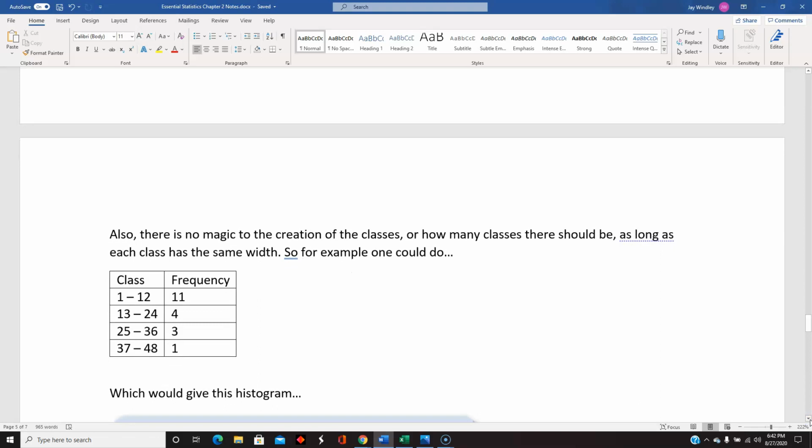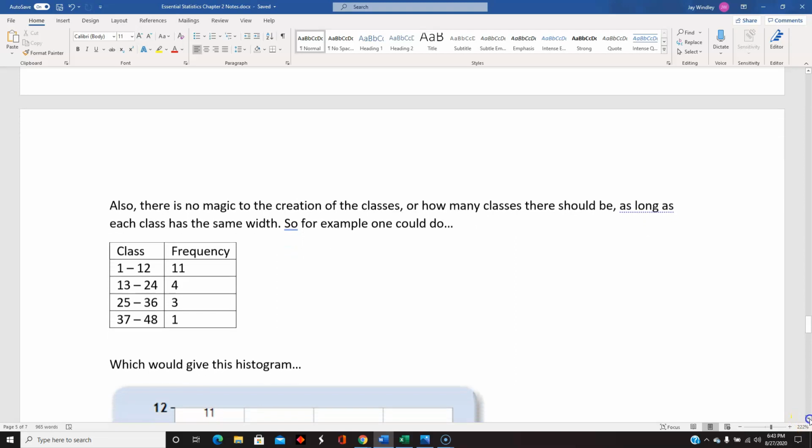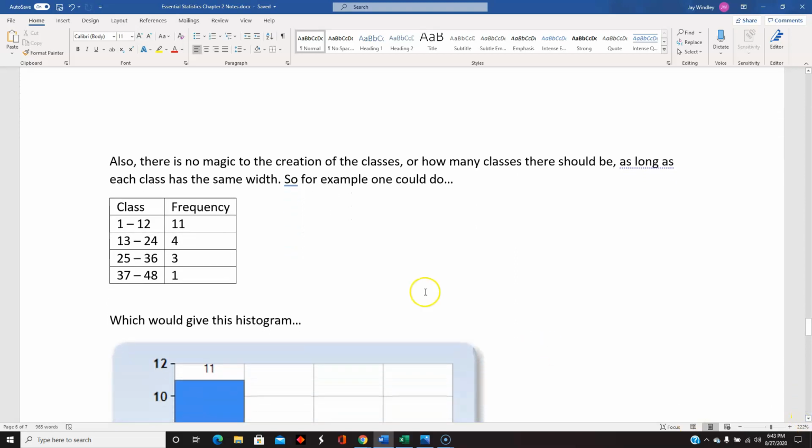Also, there's no magic to what numbers I should use as the classes, as long as all of the data has a class to fall into. In other words, we have players that only hit one home run, so I've got to have a class that accommodates them. And I had one player who hit 47 home runs, so I have to have a class that accommodates that player.